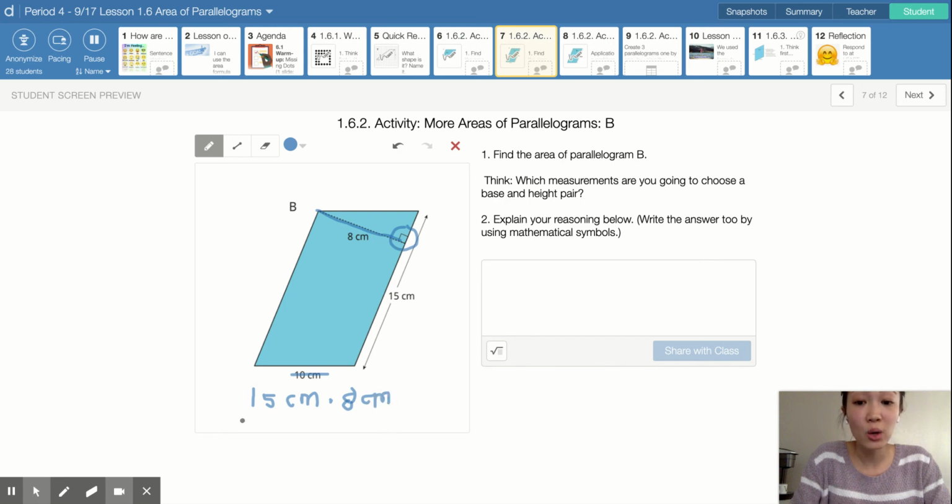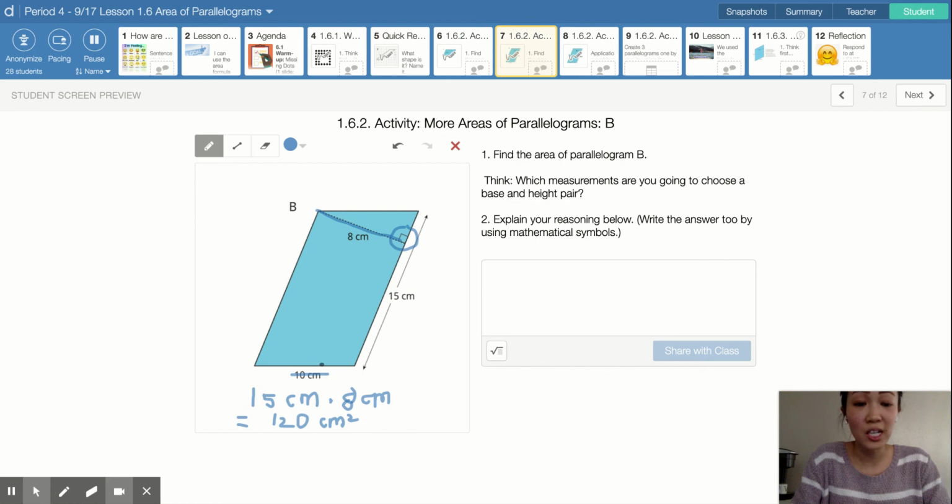And all I have to do now to find area is multiply these two. So I get 15 times 8. So I get 120 centimeters squared. So my answer is 120 centimeters squared.